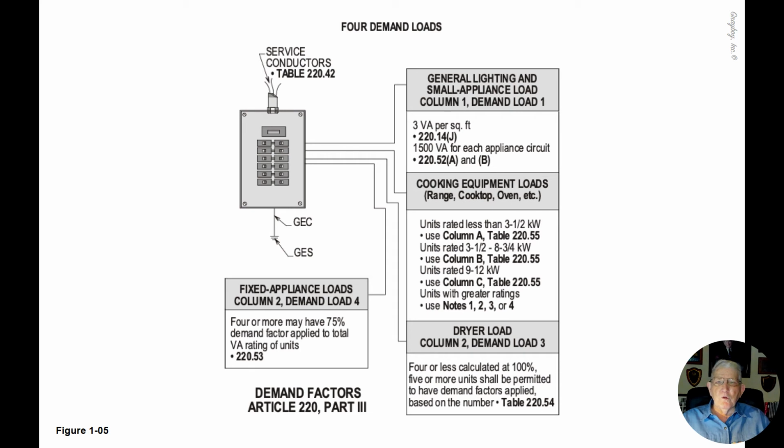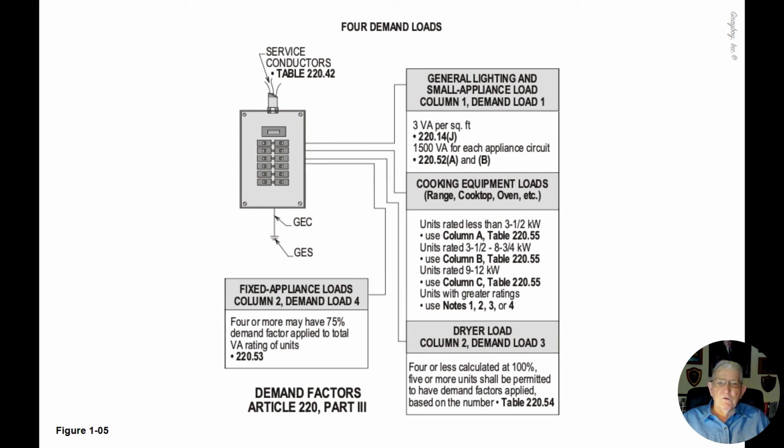So you'd have the 3 VA per square foot plus the 4500 VA rating that we found previously for the small appliance circuits. Now, the cooking equipment is a little bit more in detail, and a particular problem may be presented to you on the test. For example, units rated less than 3.5 kW use column A in table 220.55.